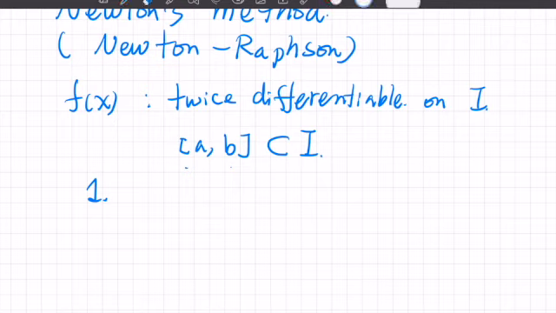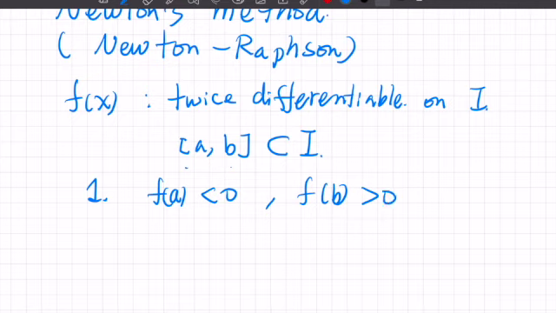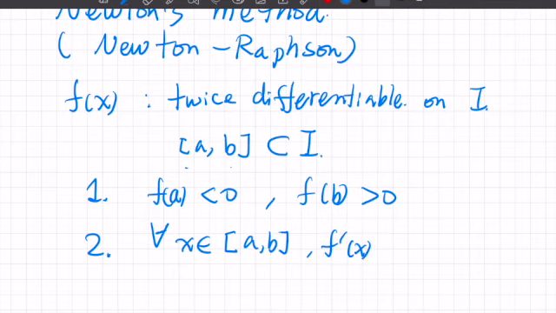First, f of A is negative and f of B is positive. And second, for all x in this closed interval, the derivative is always positive, and the second derivative is also positive.